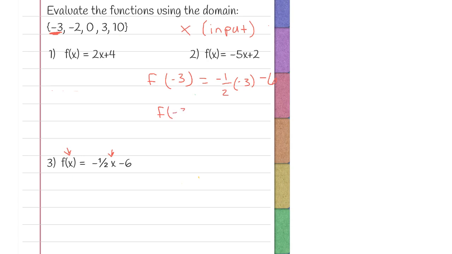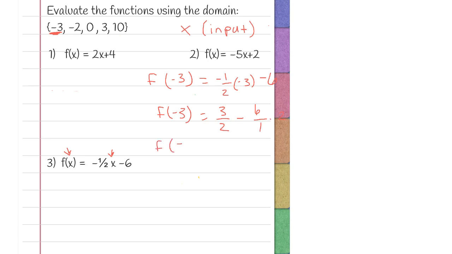So now I can go ahead and evaluate this. What is negative 1/2 times negative 3? Well, that's going to be positive 3 over 2. And then minus 6. I don't have a calculator, so I'm going to do it by hand. Multiply by 2 on the top and bottom.